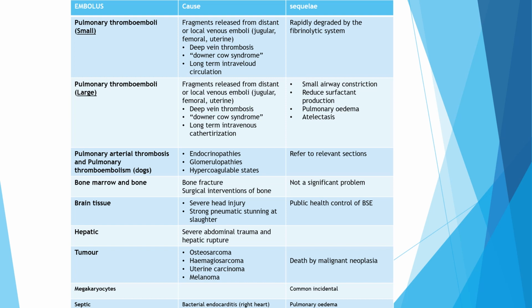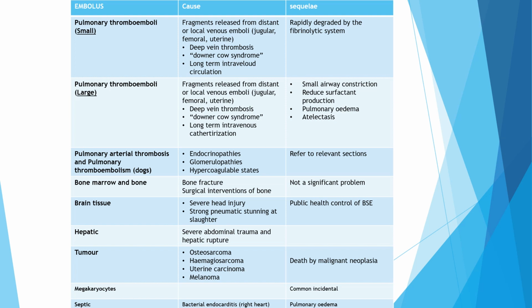In one of the cases that I did recently for biopsies, we actually had brain tissue present in a capillary in the lung under the microscope. And that is something that we'd refer to as a brain embolus, a brain tissue embolus. That had happened because the animal had suffered severe head trauma, and a piece of the brain had actually broken off and gone into one of the capillaries, which was also obviously damaged.